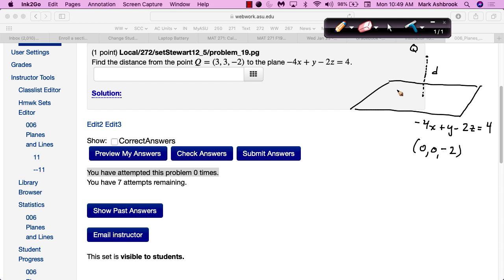No, maybe, very coincidentally, but probably not. So here's the point that we found on the plane, 0, 0, negative 2. Okay, what else could we do here? So I've got the point Q is 3, 3, negative 2.